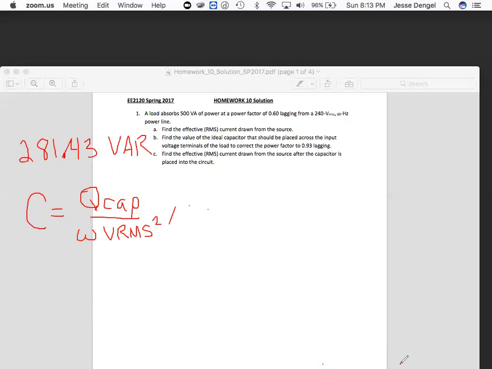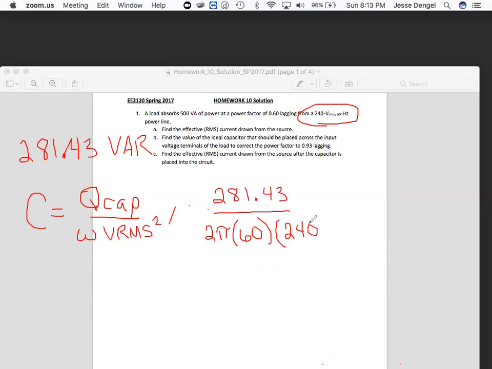So we already found 281.43 to be our Q cap. We just know from what's given here, these values, 2 pi times 60 times 240 squared.